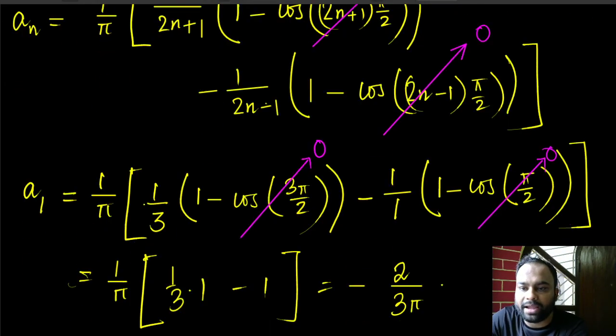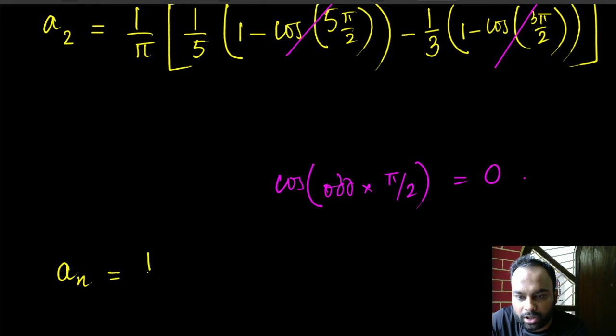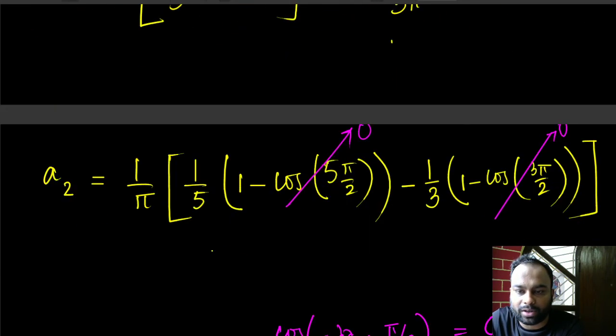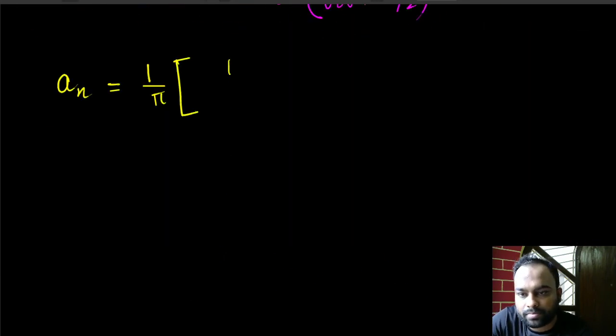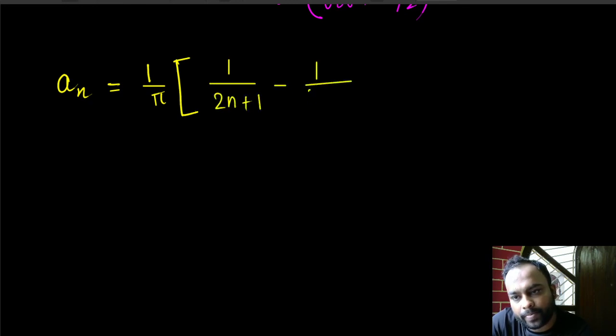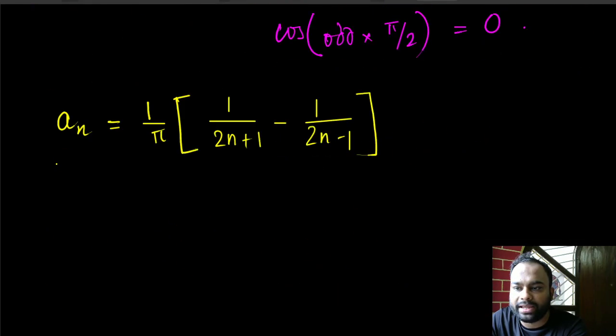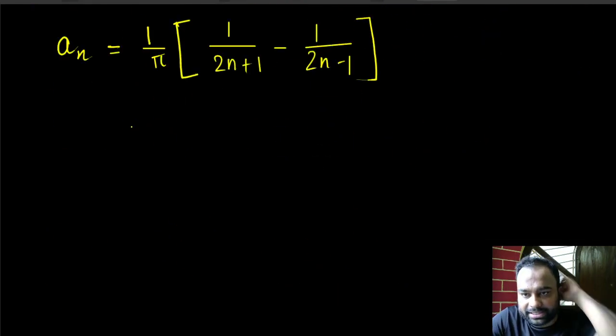1 by pi. So I have 1 by pi, and this portion is 0, so I have 1 by 2n plus 1 minus 1 by 2n minus 1. That's a very simplified expression for an. So with that said, we can very easily now recalculate everything. Let's simplify this slightly more.